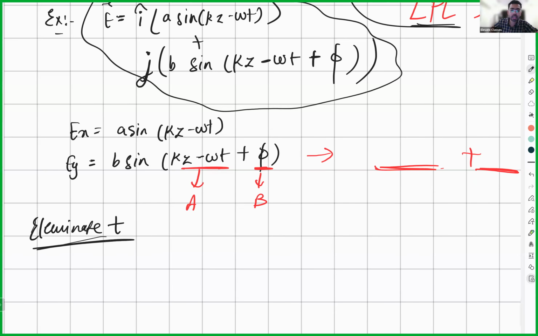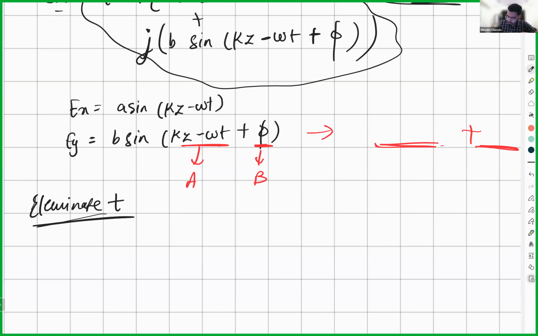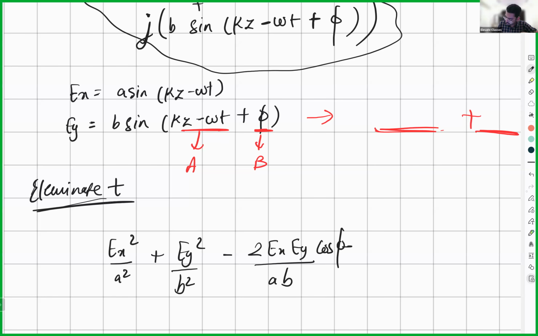When you eliminate t from these two expressions, you will get this particular expression, which is Ex square by a square plus Ey square by b square minus 2Ex Ey by ab cos phi is equal to sine square phi.